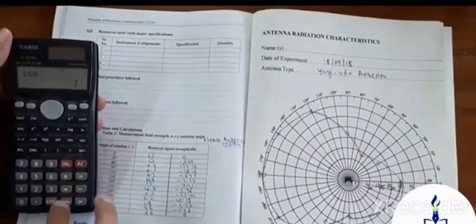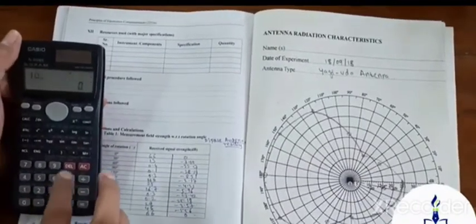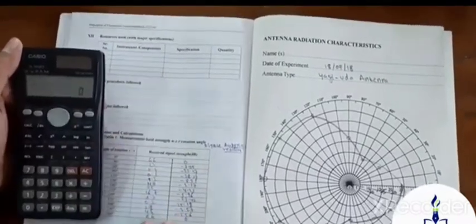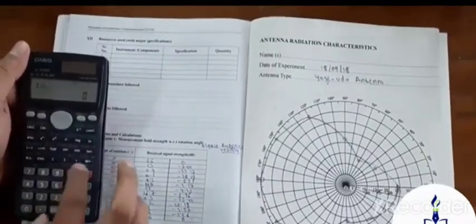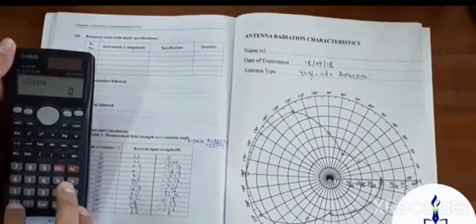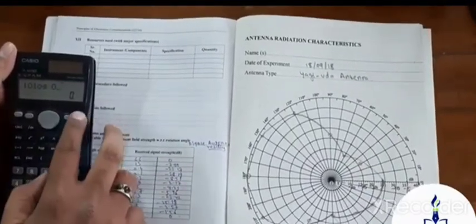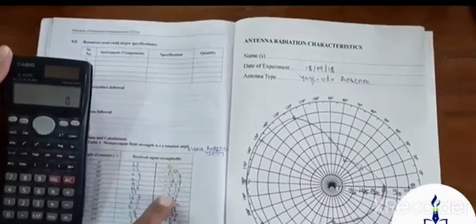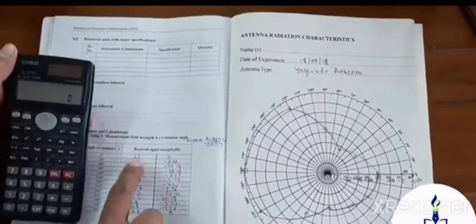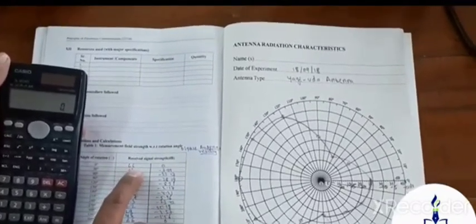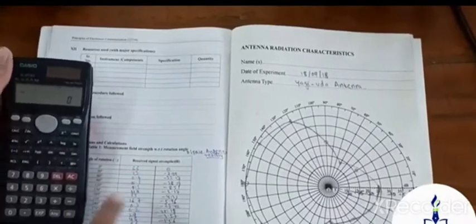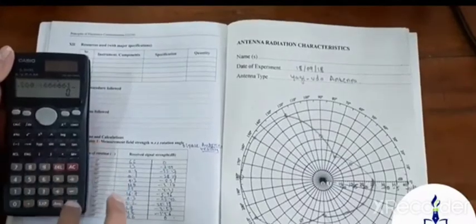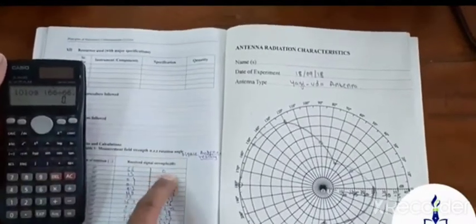Then we have to find 10 log of 1. What is 10 log of 1? 10 log of 1 is 0.